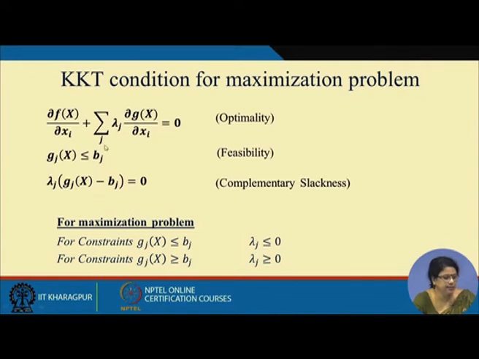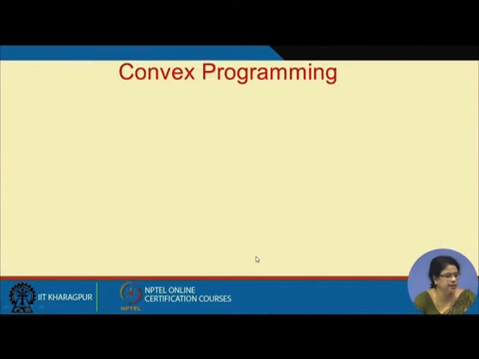If the constraint is of type less than or equal to, then the corresponding multiplier would be less than or equal to 0, non-positive, and if the constraint is of type greater than or equal to, then the corresponding multiplier would be non-negative. I have explained why these are so in my previous classes.